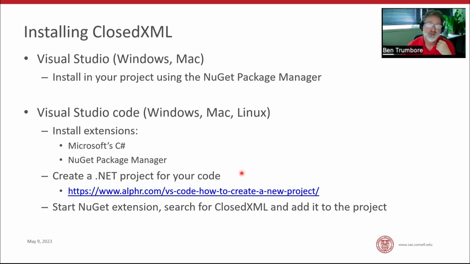And then you need to create a .NET project, which was something I didn't understand. It's not just a bunch of files that are code you can run. You actually have to formally say, this bunch of files here is going to be a .NET project. This link will tell you how to do that. Then once you've got your project, you can start the NuGet extension and search for ClosedXML and add it to that project.